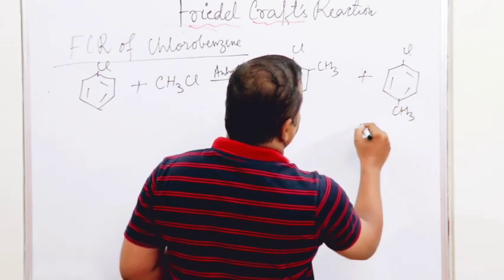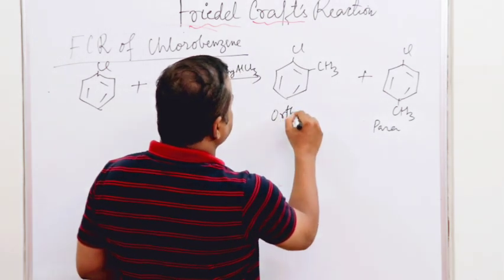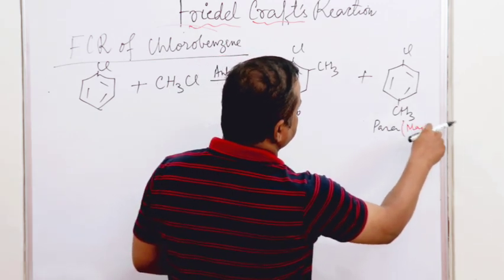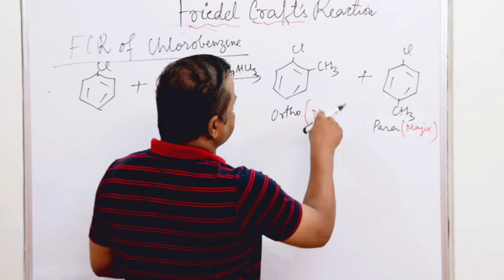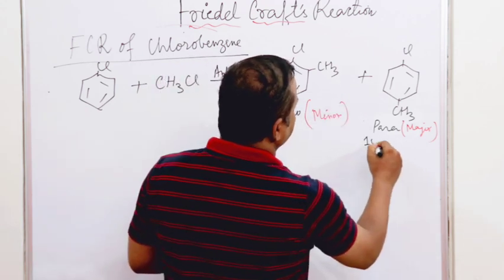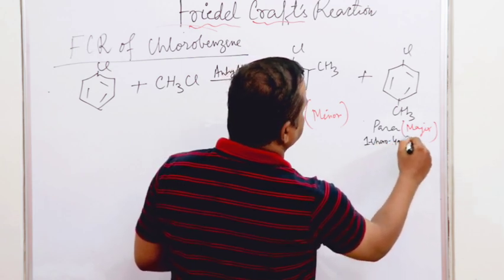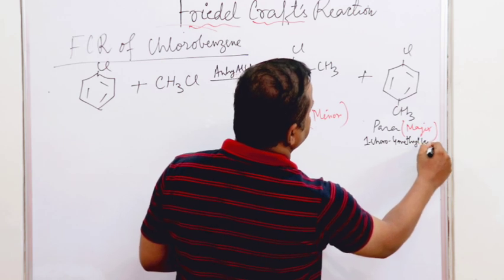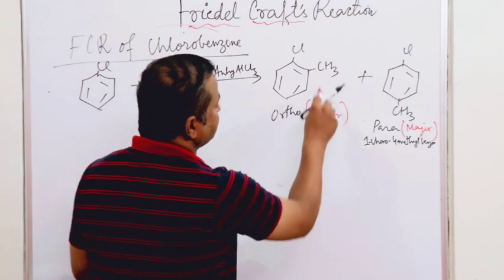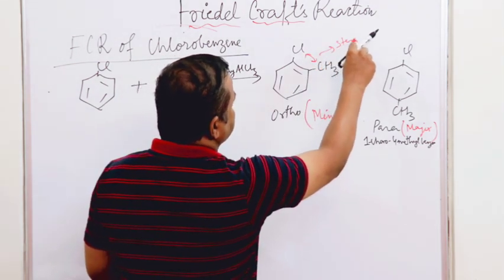Please remember, the para product is always the major product and the ortho product is always the minor product. This is actually 1-chloro-4-methylbenzene, the major product. Now you can ask why the other is minor. Actually there is steric hindrance, so that is not favorable.